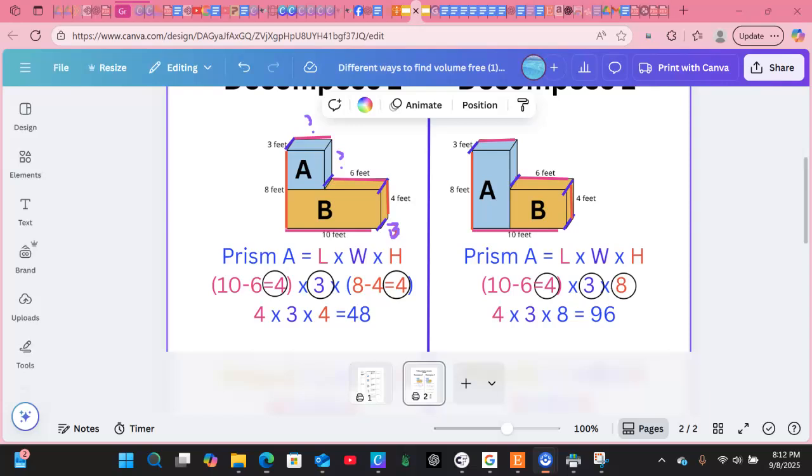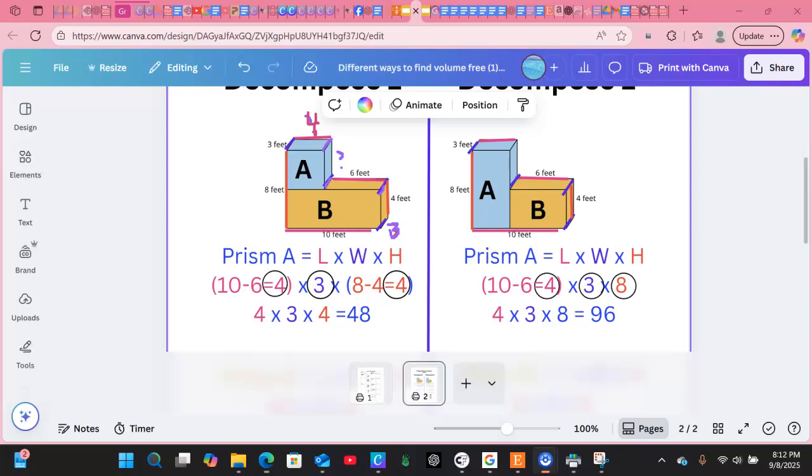That means this portion right up here, let's change our color to pink, would be 4, times 3, again, that is purple. So if it's 3 right there, it's also 3 right here.